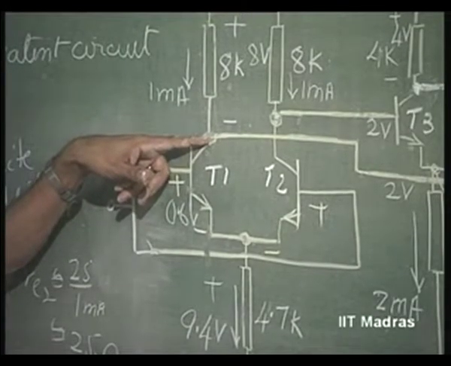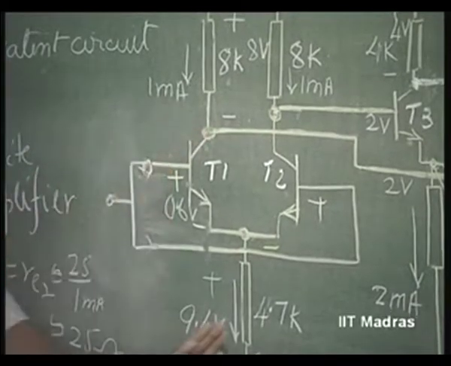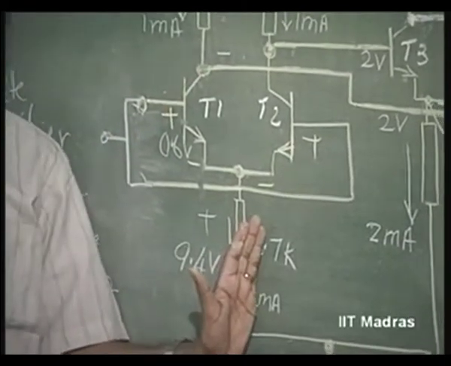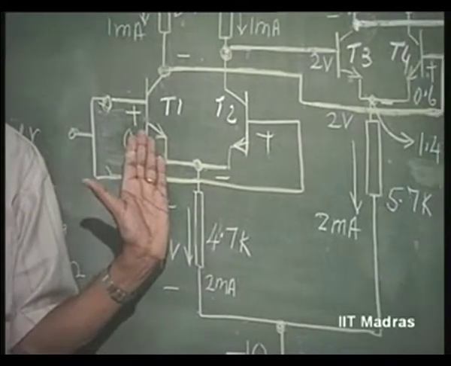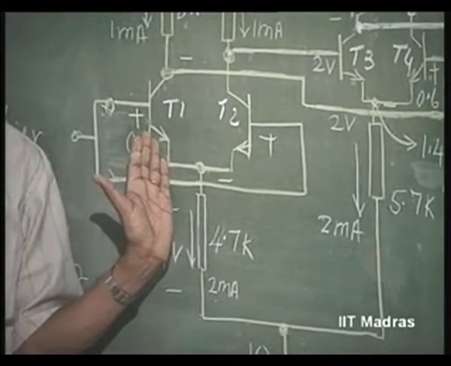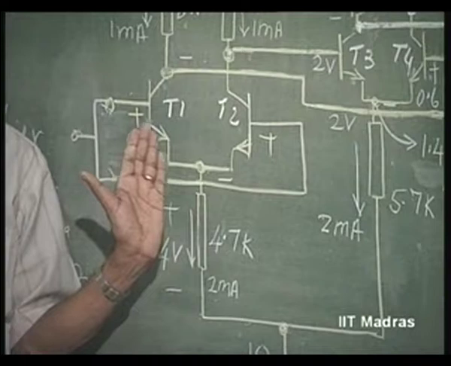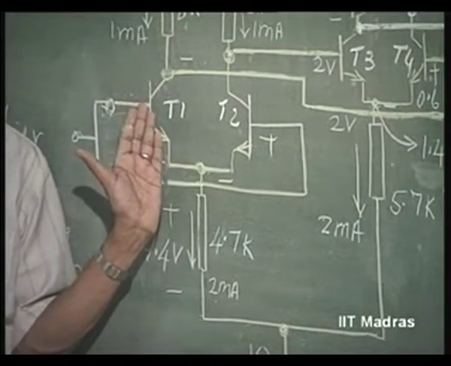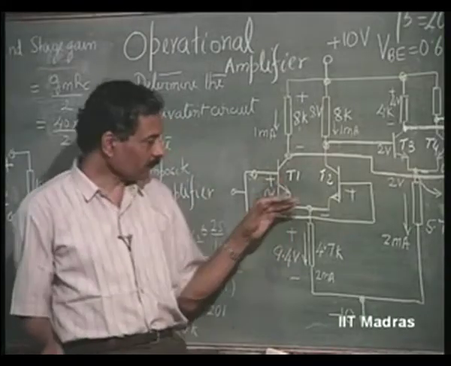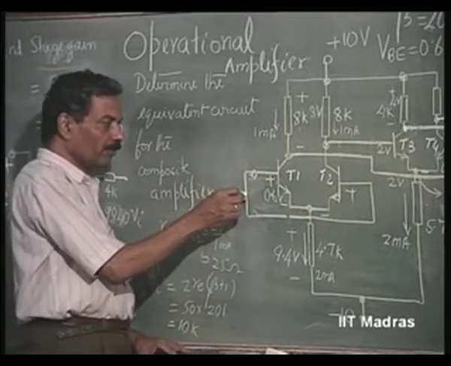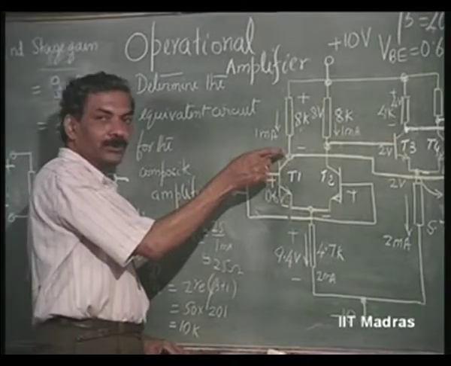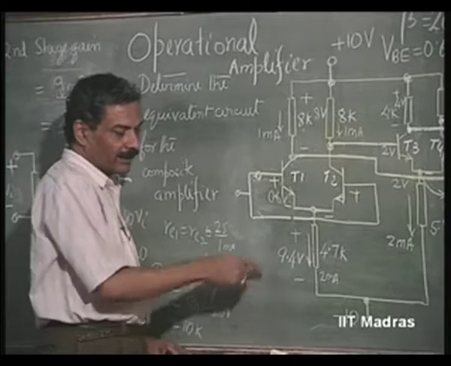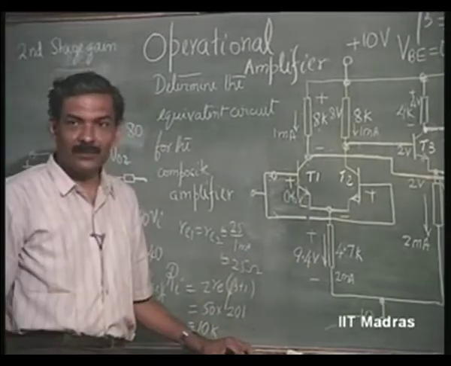Right. There is no question of this current totally getting switched here, that will never happen, because that much voltage swing is never required in the input stage. So, this common mode voltage can only go up to 2 volts on this side, whereas it can go up to minus 10 volts on the other side.